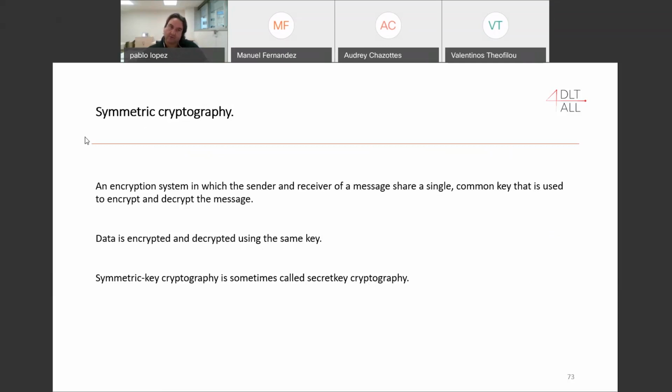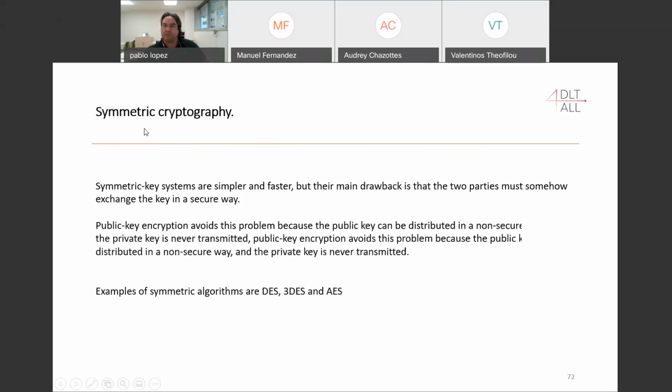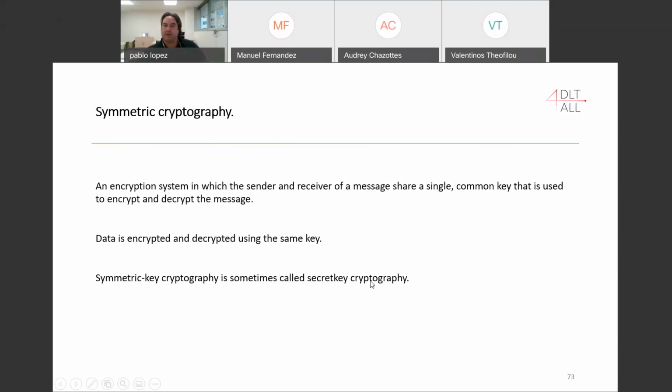We are talking now about symmetric, okay? We have been talking about asymmetric and now we are in symmetric. In asymmetric, we're talking about public key, and in symmetric, secret key cryptography.